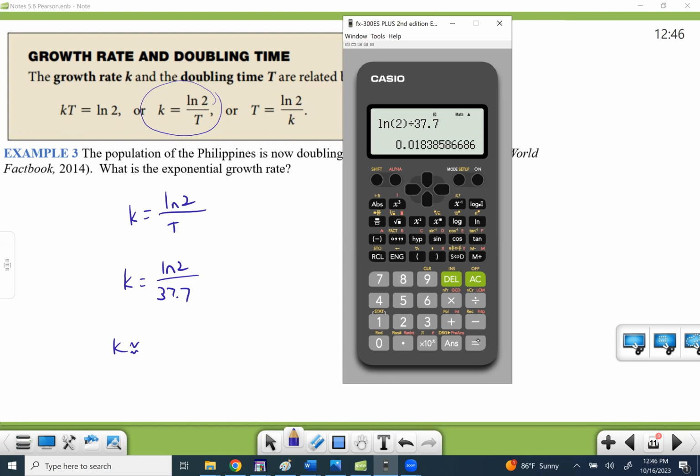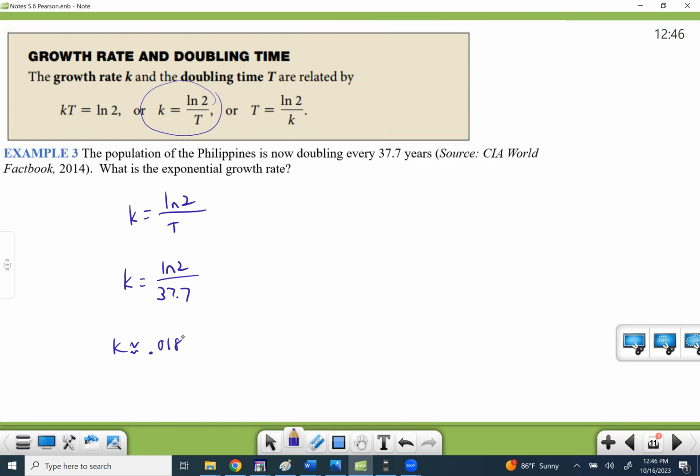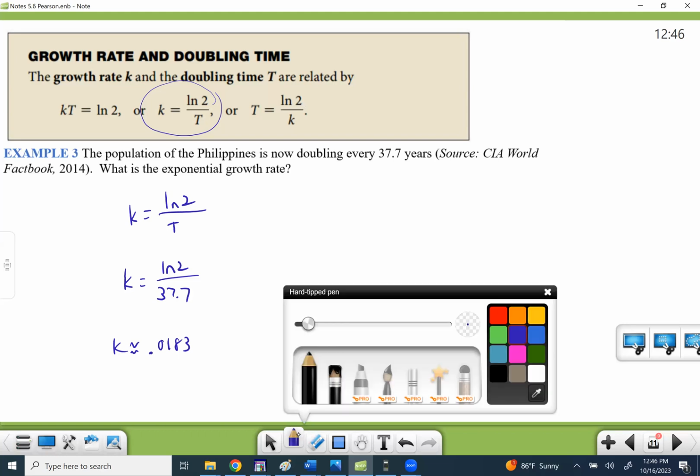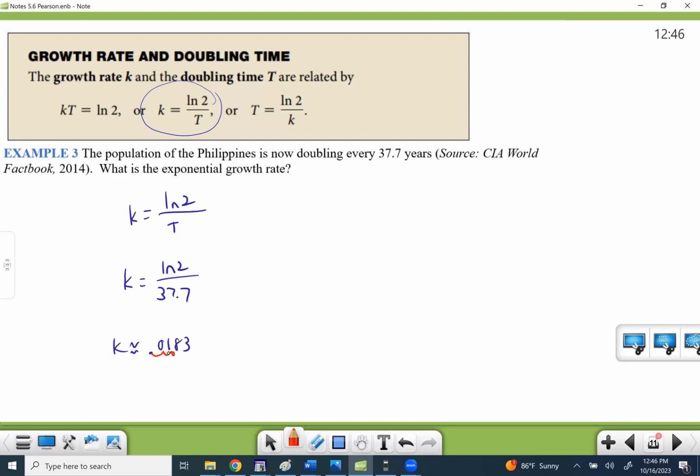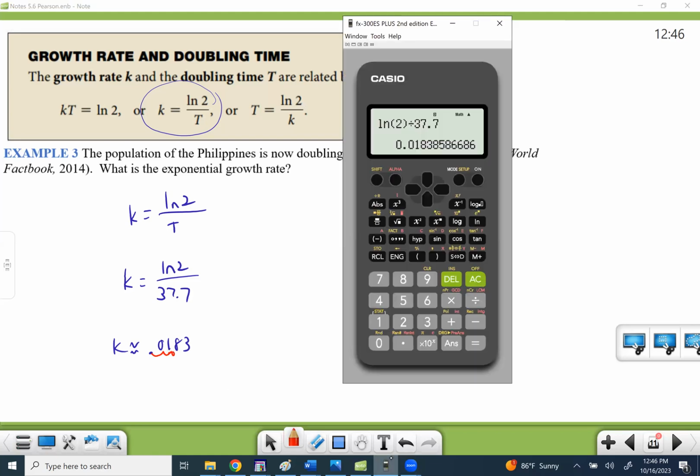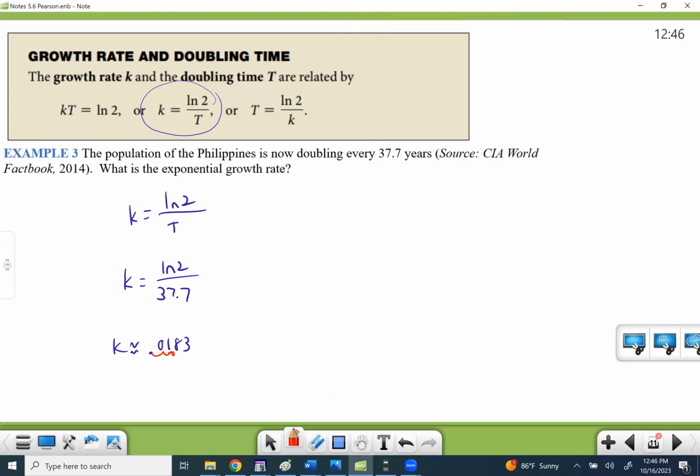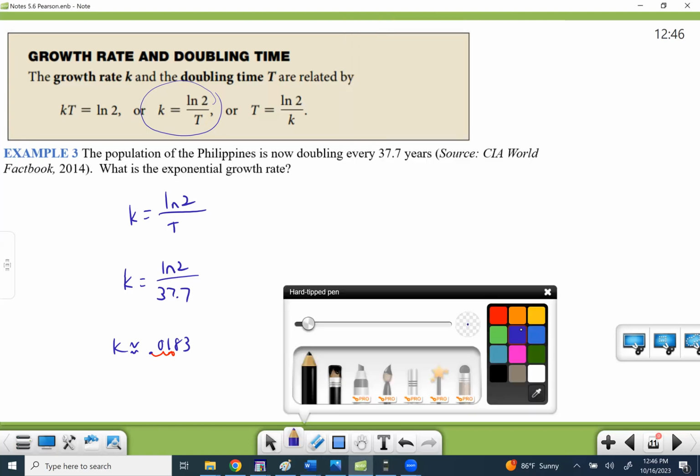Okay, so 0.0183. We're going to move the decimal place twice to turn it back into a percent. 1, 2. What was after the 3? Oh, 8 was after the 3. Okay, so let's put the 8 there.